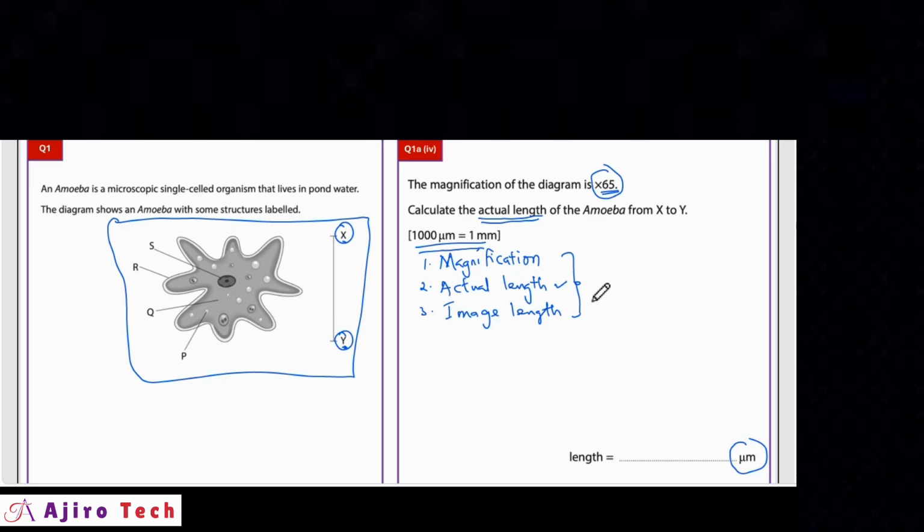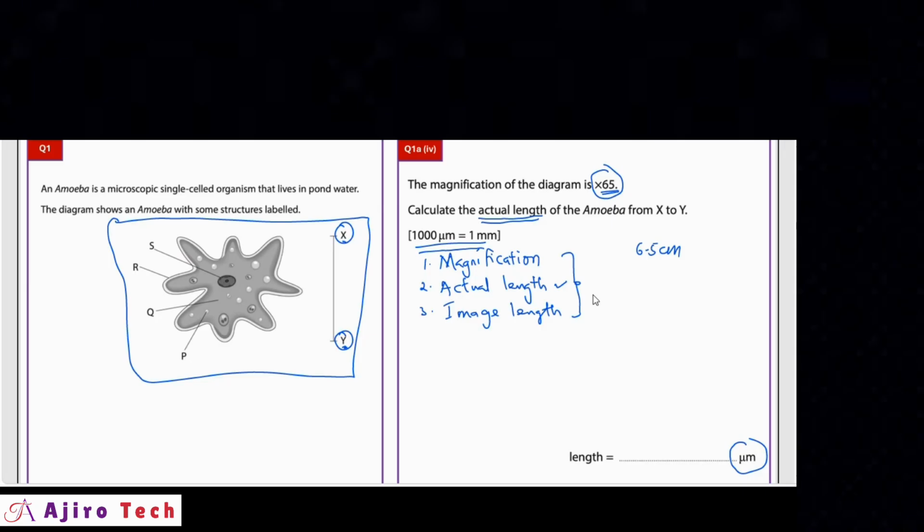Let's say I'm using a centimeter ruler because it is common, and this line I measured to be, for example, 6.5 centimeter.